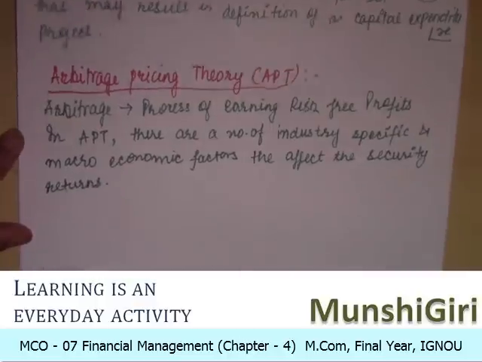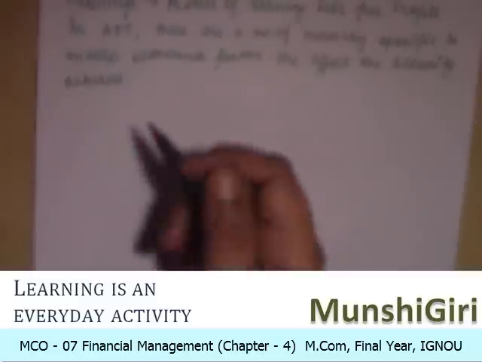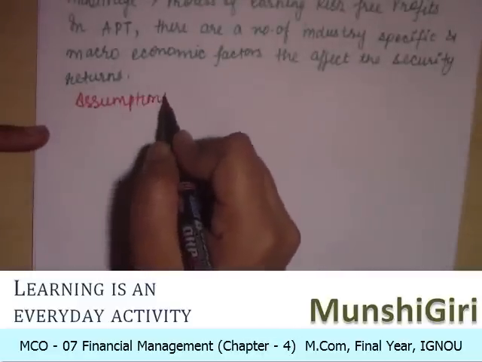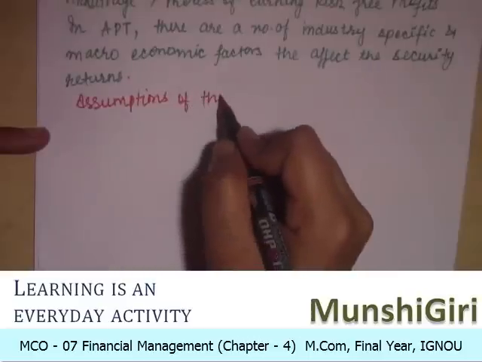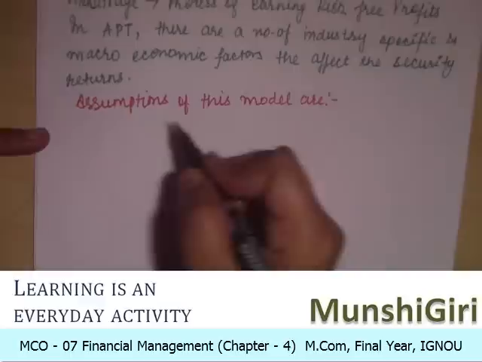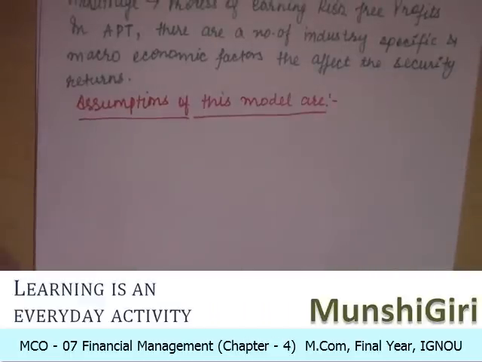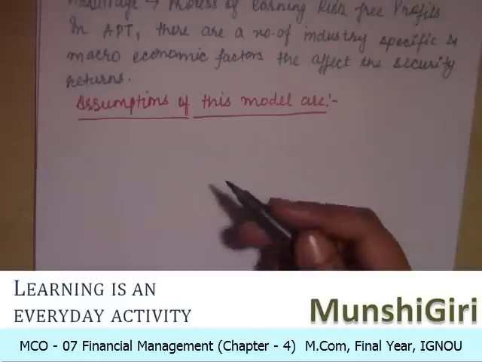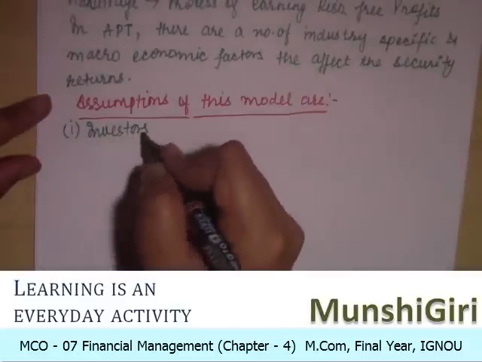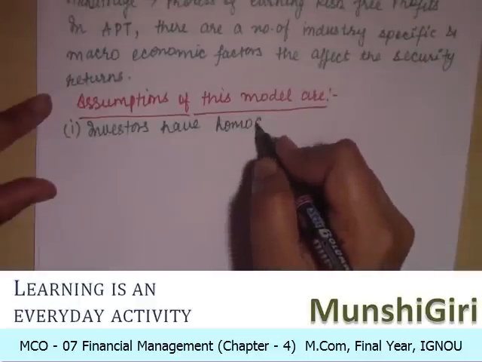Now this theory has certain assumptions. Let's learn what these assumptions are. First, it assumes that investors have homogeneous expectations.